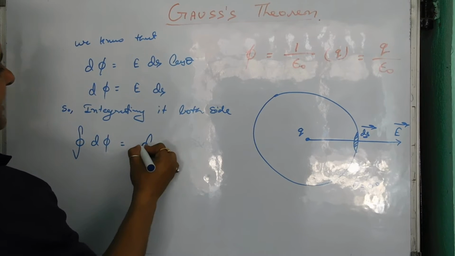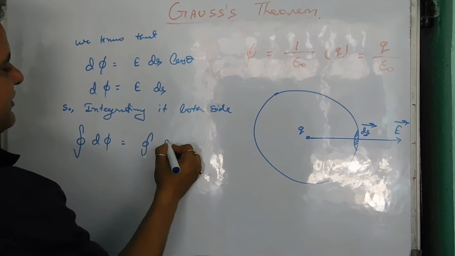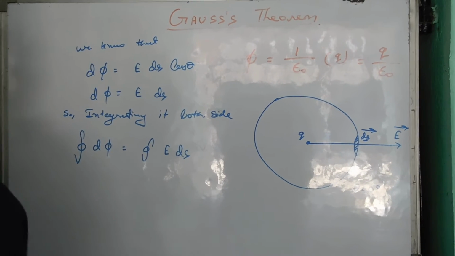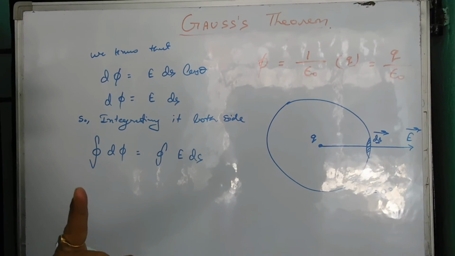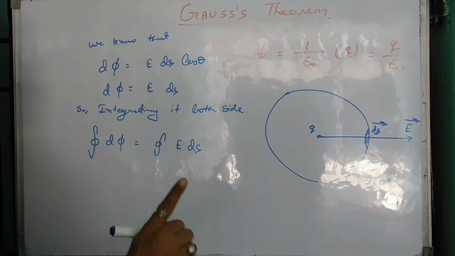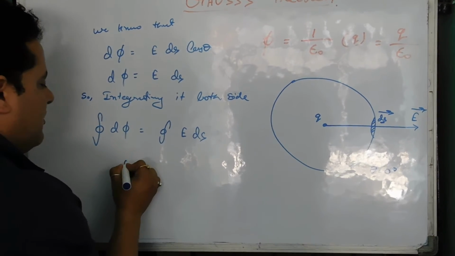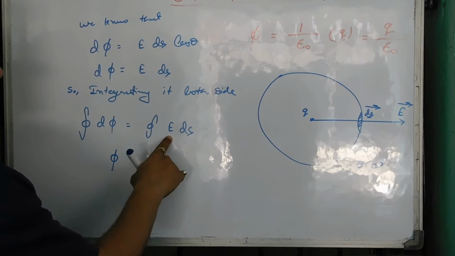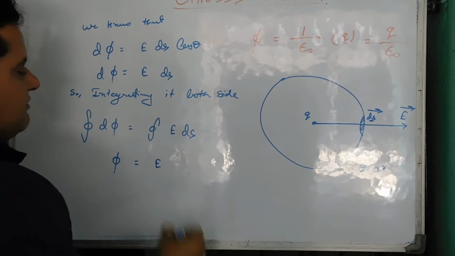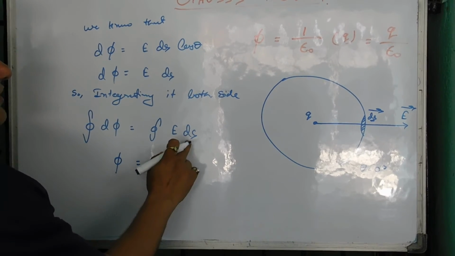So the closed integration of d phi and the closed integration of E ds. The integration of dx is x, so the integration of d phi is phi only. And E is not a variable, so E remains E.